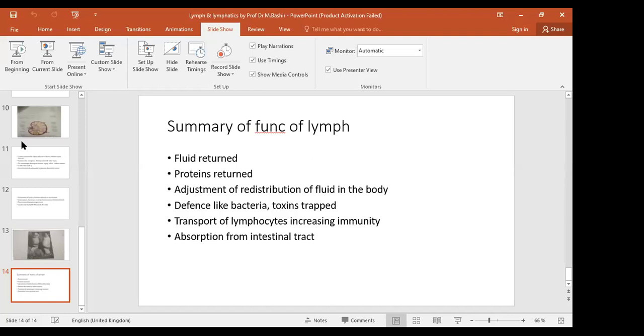They also help in the transportation of the lymphocytes, the bigger cells, increasing the immunity wherever they are needed. Absorption of the big particles of fats from the intestinal tract is also one of their functions.